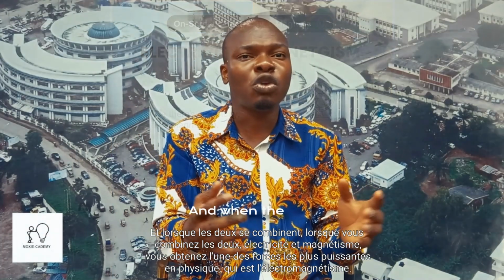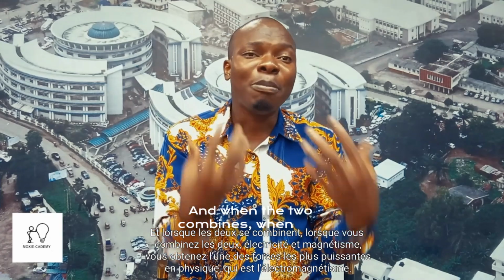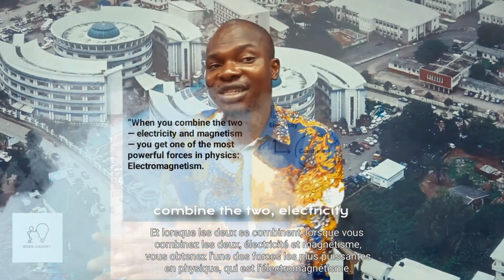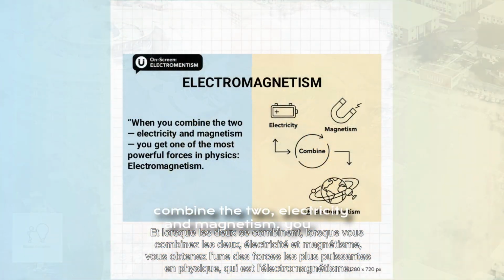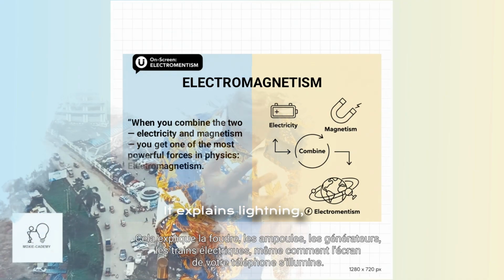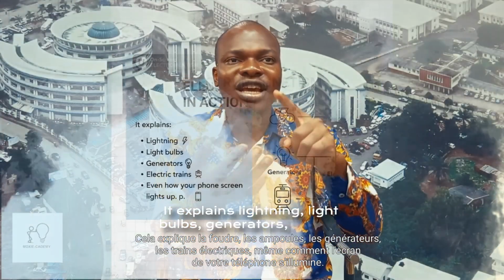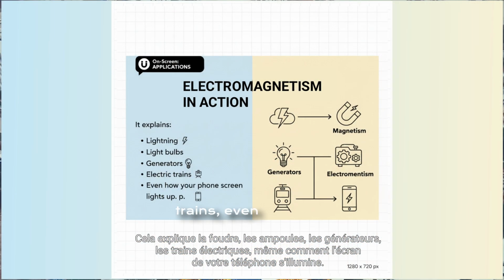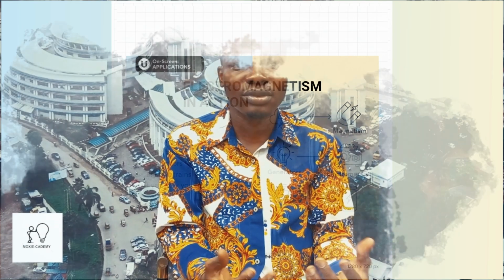When you combine the two, electricity and magnetism, you get one of the most powerful forces in physics, which is electromagnetism. It explains lightning, light bulbs, generators, electric trains, even how your phone screen lights up.